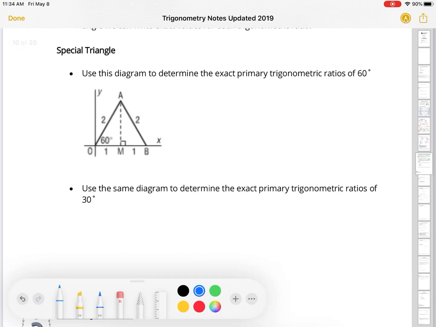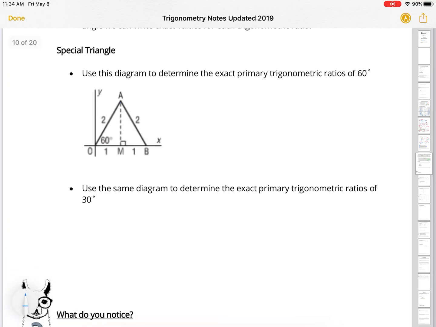Okay? So let's scoot me up here. And I just want to erase that silly little green line there, and I want to get to a better color. So we're going to use this diagram to determine the exact primary trig ratios of 60 degrees.